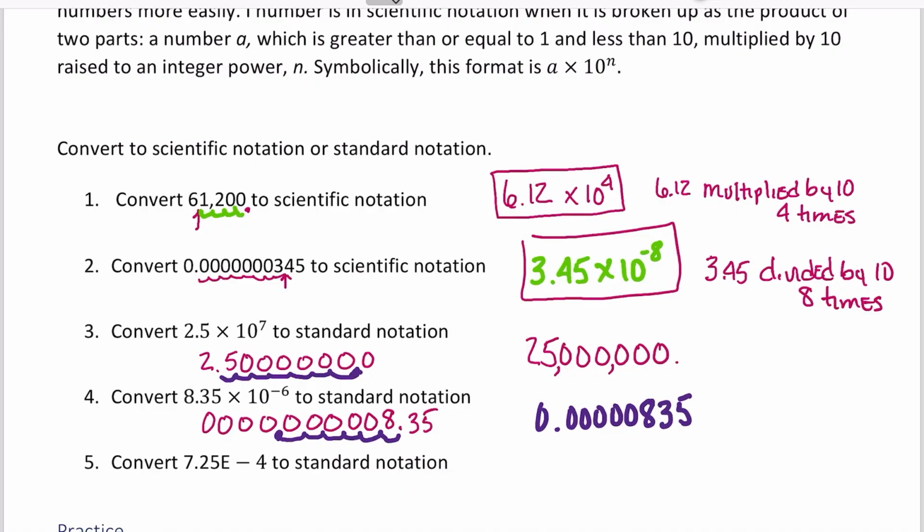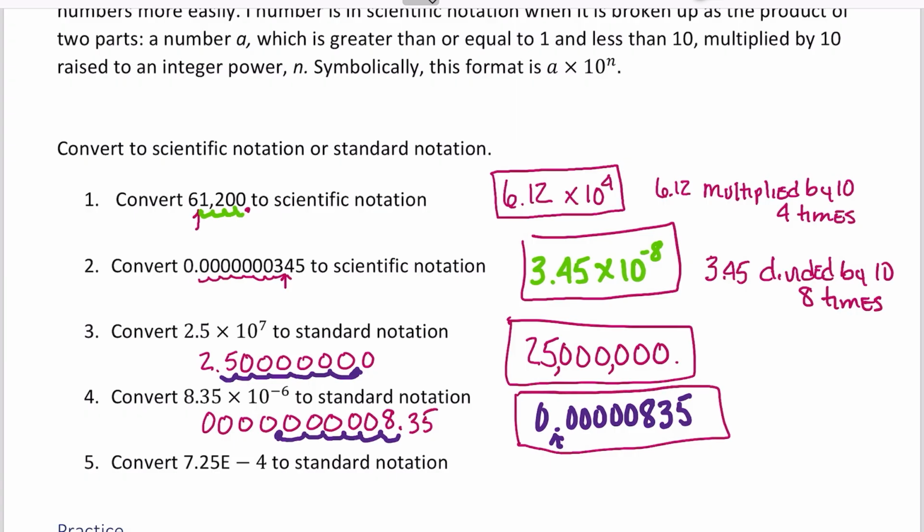There's only one decimal point in the number ever, and it has been moved to represent 8.35 times 10 to the negative 6 in standard notation. Let's put some boxes around these answers.